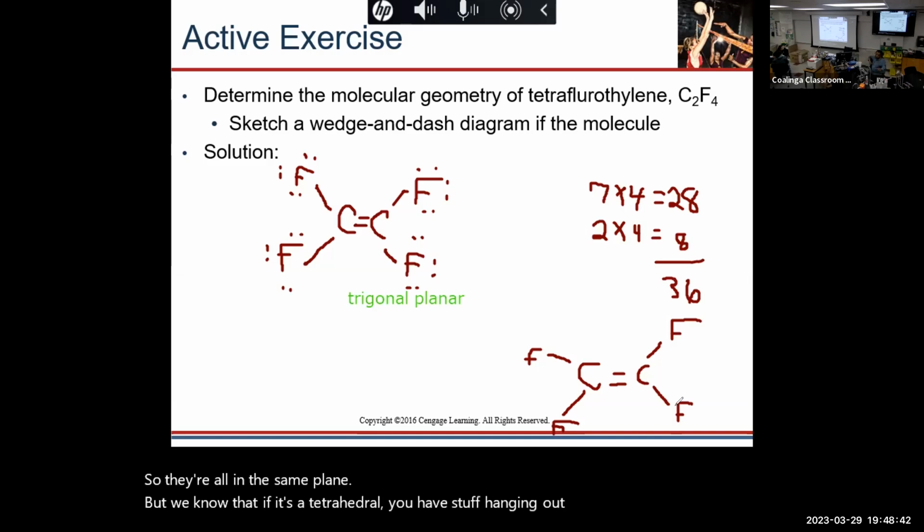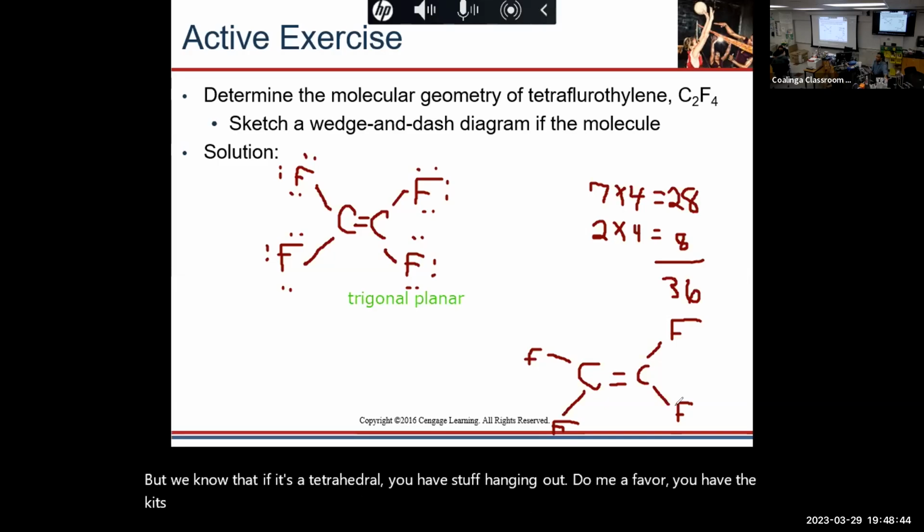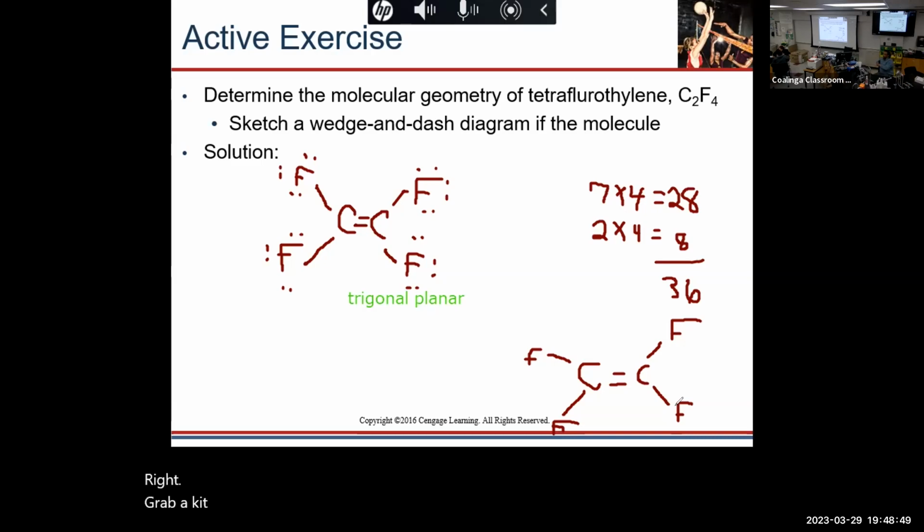Do me a favor. You have the kits in front of you, right? Grab a kit. Okay, so we're gonna get carbons with 4 holes, and then you're gonna get the green ones.